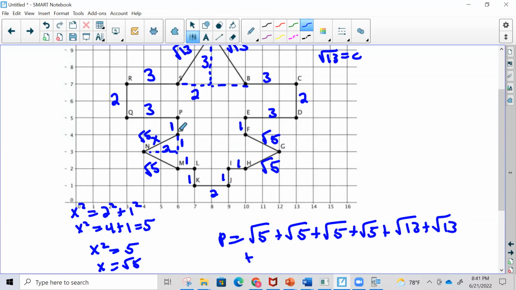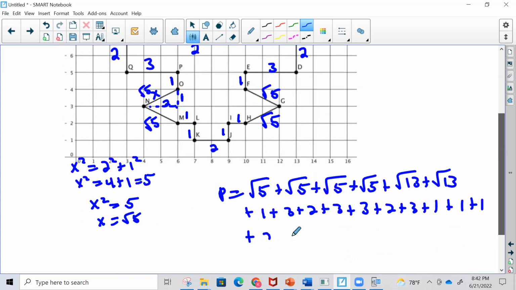So I'm just going to start at OP and work my way around. So I have 1 plus 3 plus 2 plus 3 plus, I did those, 3 plus 2 plus 3 plus 1 plus 1 plus 1 plus 2 plus 1 and 1.